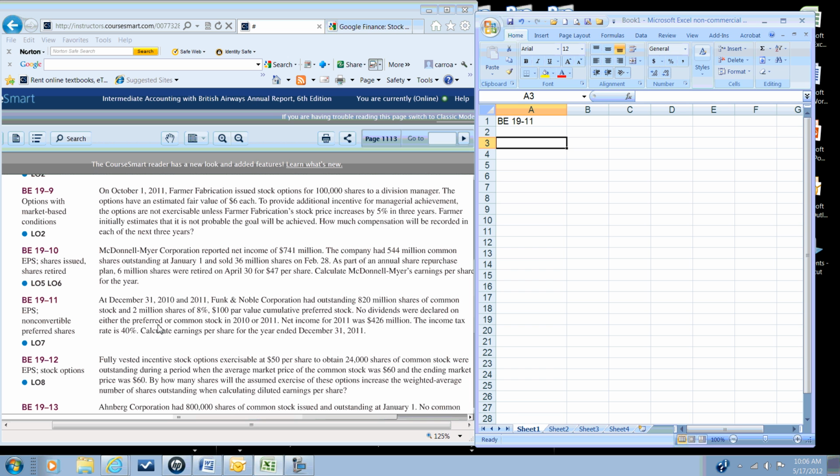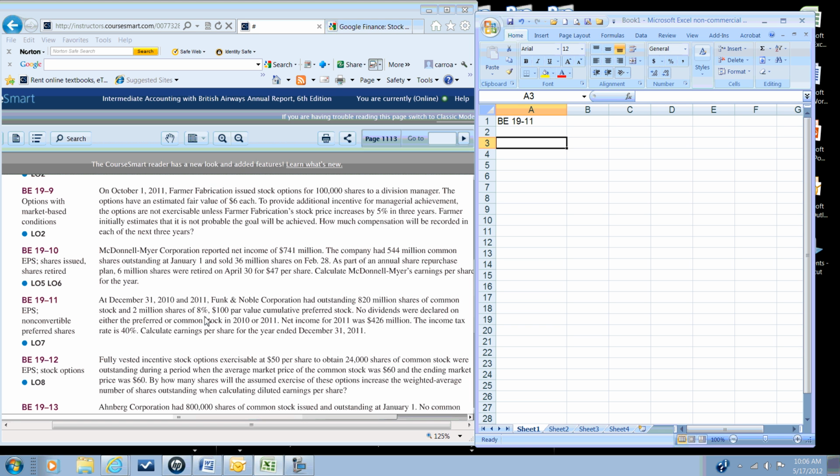Remember, preferred stock is a contractual agreement between the investor and the company. It is going to pay dividends, in this case, of 8% based on the par value of the preferred stock. So each year the preferred stock is due $8 per share, $100 times 8%.